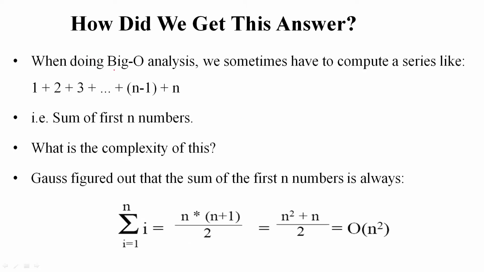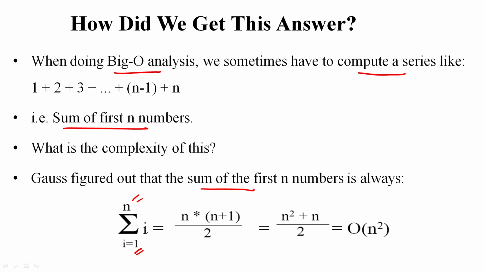Now in big O analysis, sometimes we compute a series like the sum of the first n numbers. The formula for the sum of the first n numbers is n into n plus 1 by 2. Here the summation of n numbers, i value is 1 to n.